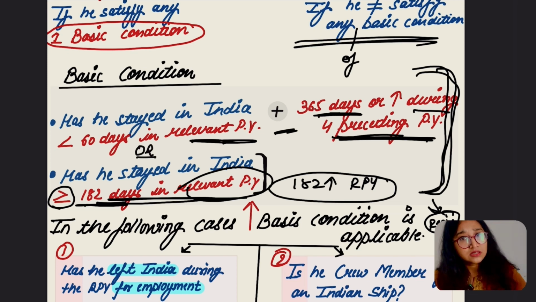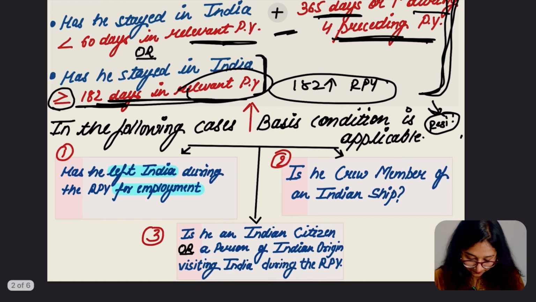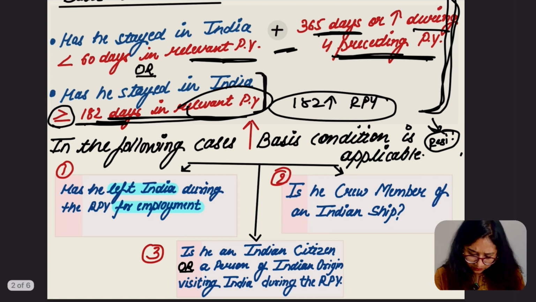And if the person is a resident of India, then what is going to happen? The income which he has earned globally, he has to pay twice tax, where he has earned the income and where he is a resident of that country, right? Is it clear? Hope this part was clear.